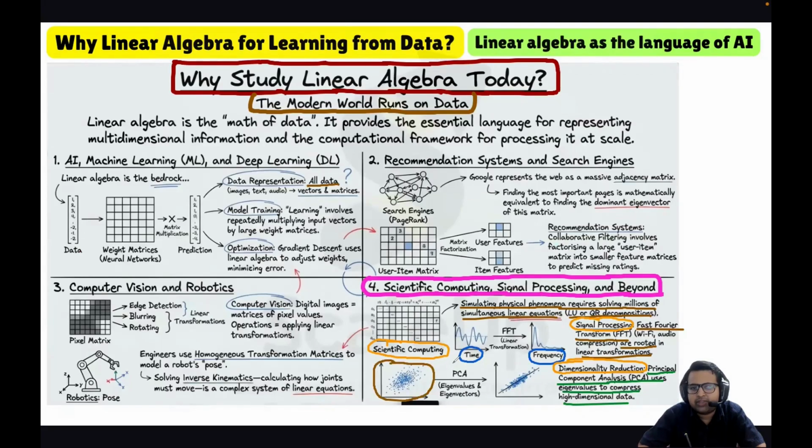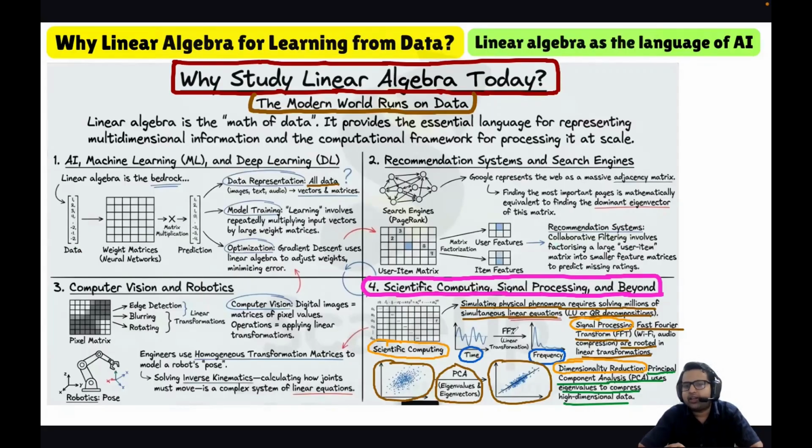Using principal component analysis, which makes use of eigenvalues and eigenvectors, we can reduce the dimension, which is a concept of linear algebra.